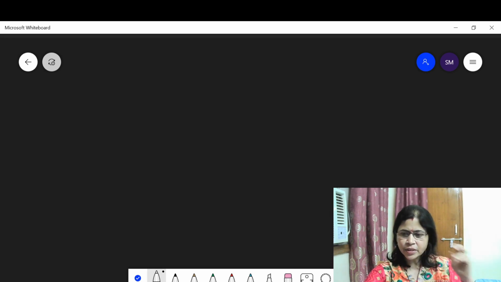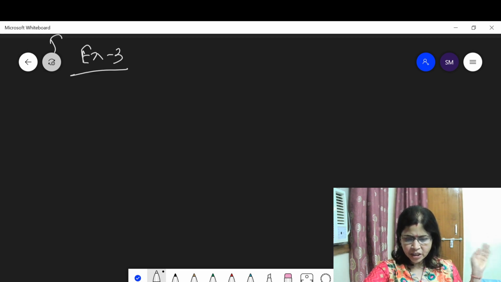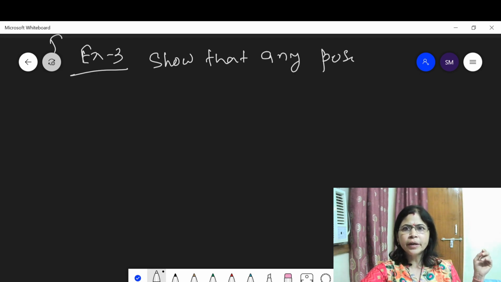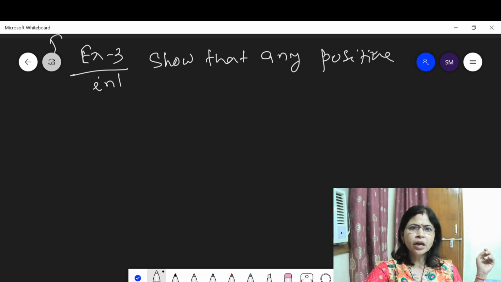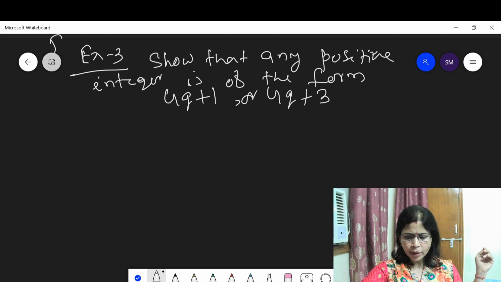Here the third example says, example 3: any positive odd integer is of the form either 4q plus 1 or 4q plus 3, where q is some integer.